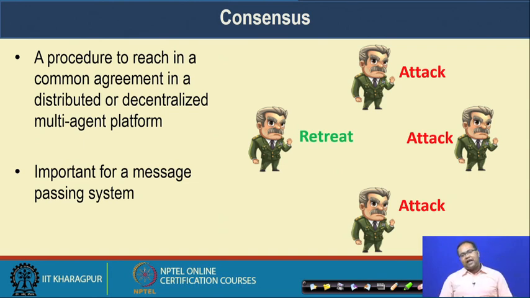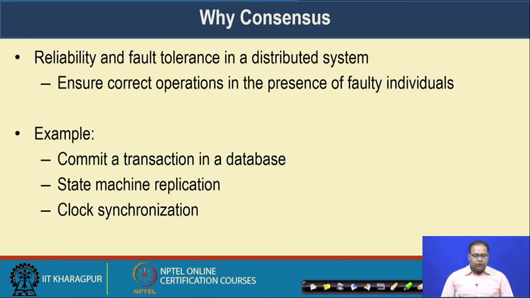Now, this kind of consensus algorithm is important for a message passing environment in a distributed system. So, let us first look into why we require consensus. In a traditional or conventional distributed system, we apply consensus to ensure reliability and fault tolerance. By reliability and fault tolerance, I mean that in a decentralized environment, when you have multiple individual parties who can take their own decisions, it may happen that some nodes or parties are working maliciously or as faulty individuals.